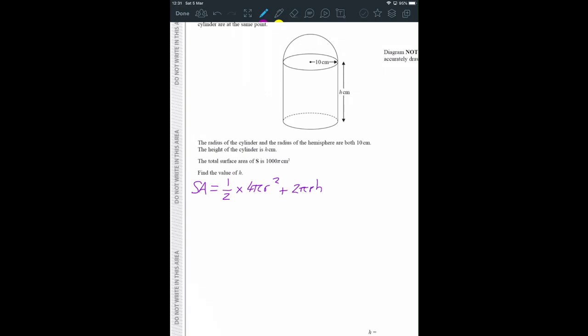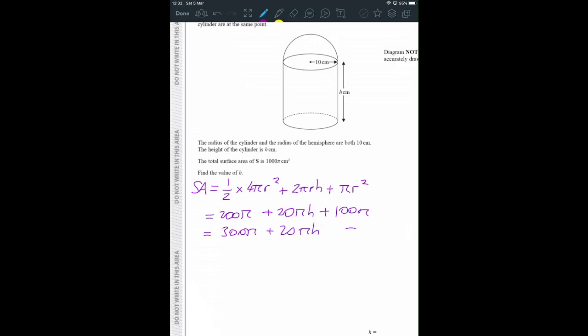That's your curved surface area, plus the circle at the bottom. I'm going to simplify that a bit because I know r is 10. So the first term is a half times 4 times 10 squared. So that's 200 pi plus 20 pi h plus another 100 pi. So that's 300 pi plus 20 pi h.